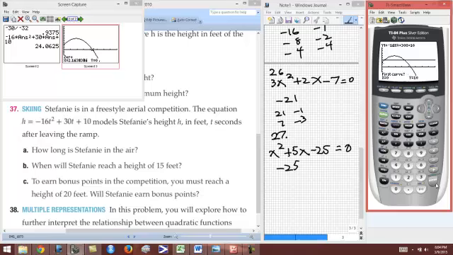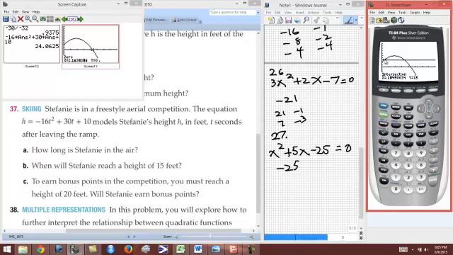So I hit enter, and for the second curve, it's going to call both lines curves. I hit enter again, and now it's going to give me the intersection. So right here is the intersection of these two lines. At approximately 0.18 seconds, she's at 15 feet.